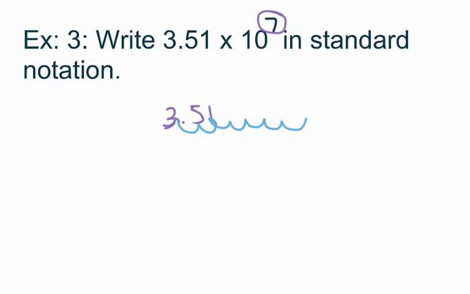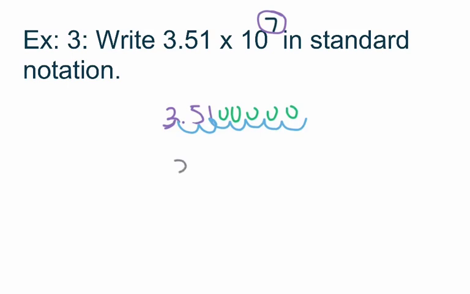So what am I going to do with those empty ocean waves? I'm going to fill those in with zeros. Now I've moved my decimal from in between the 3 and the 5 to behind that last 0. And so now I've got my number written in standard form.